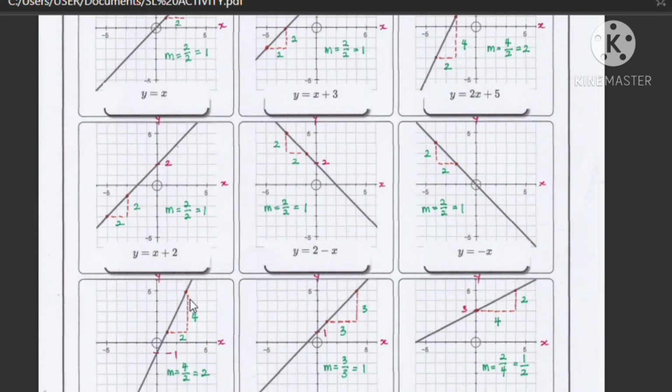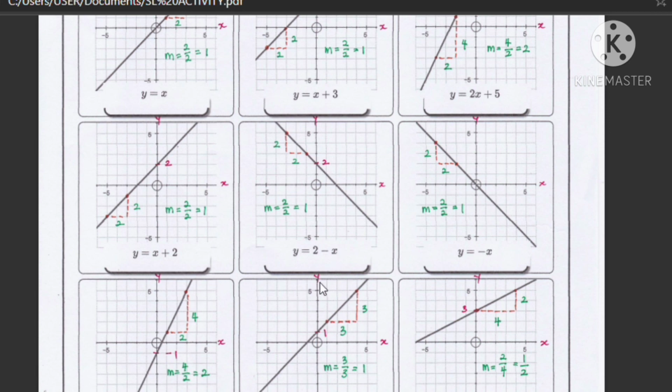So for this linear graph, the answer is y equal to 2x minus 1.